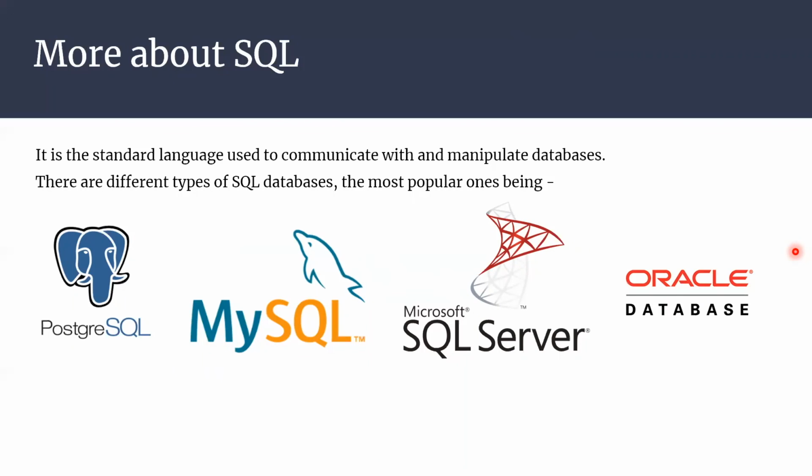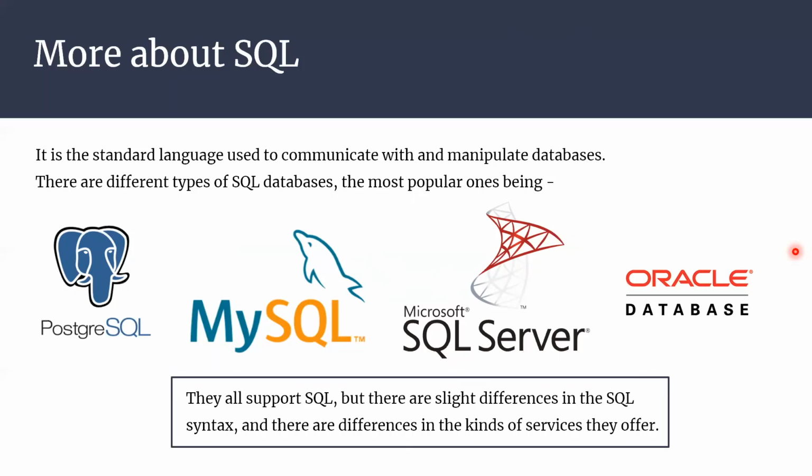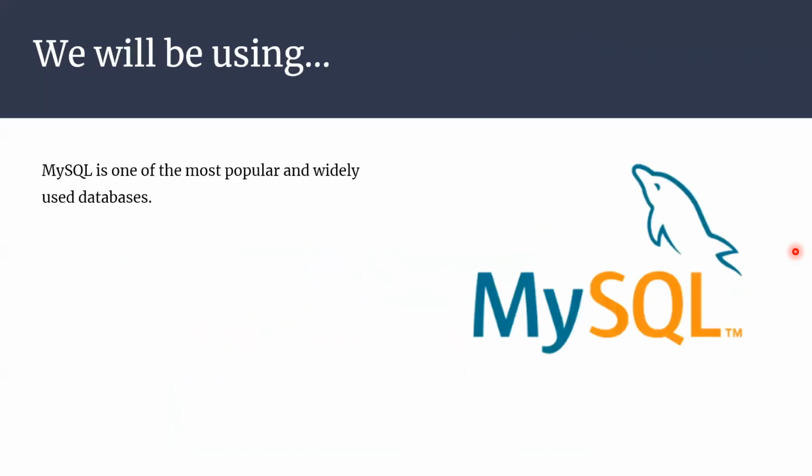They all support SQL, so you can use SQL to manipulate the data within them, and they all offer slightly different features. The one that we're going to be using is MySQL. It's the most widely used, and it's also very easy to set up. So that's the one that we're going to be using in the upcoming videos.